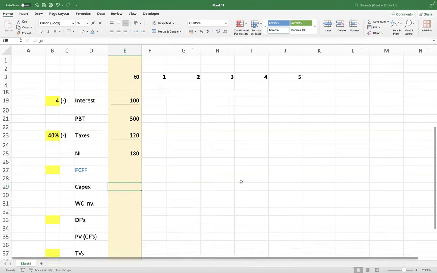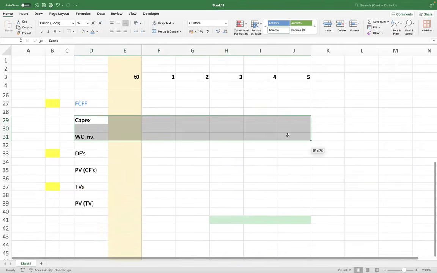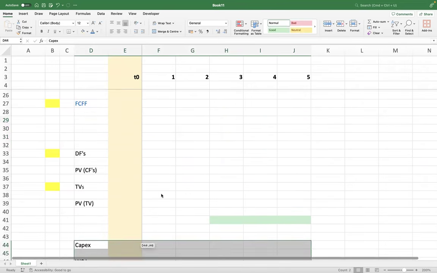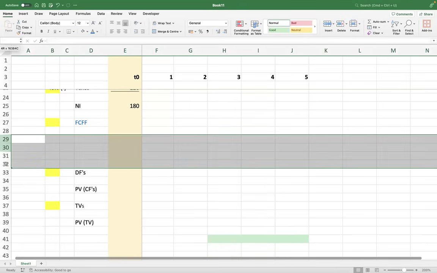Before that, I'm just going to capture my capital expenditure and working capital investments. And that is given to be as how much?